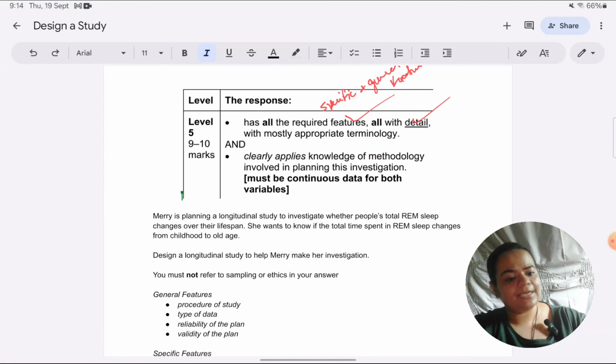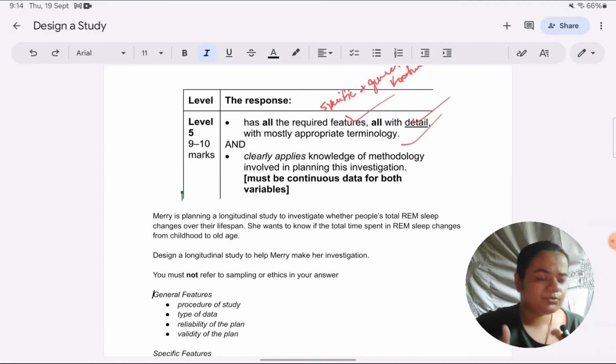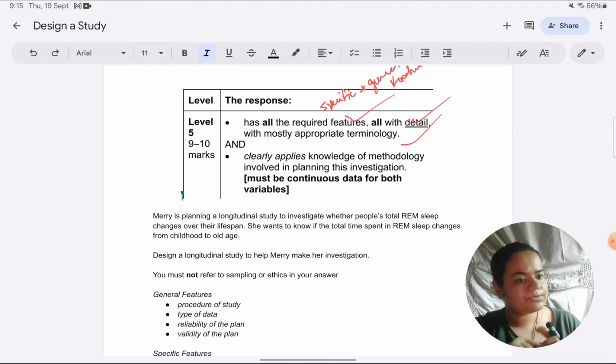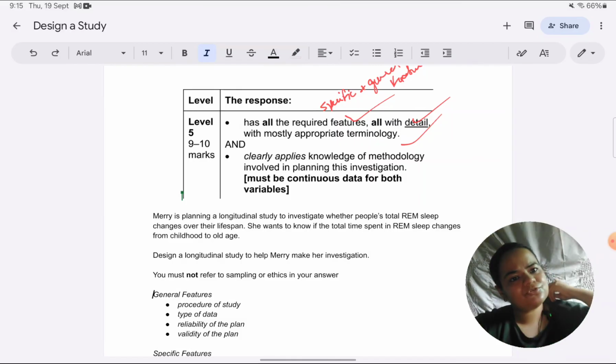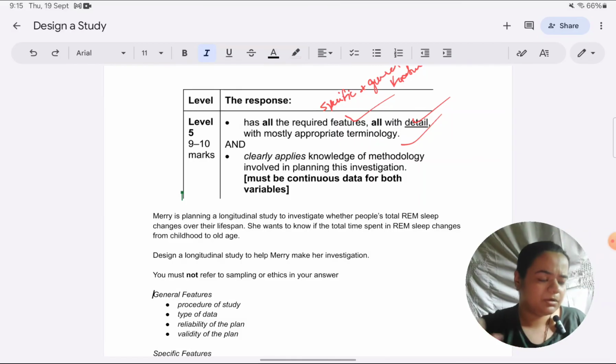Appropriate terminology has to be used. I have used appropriate terminology, as you've seen, where it's about recontacting. Like I said, you don't have to mention the word given in the feature. But if you're talking about recontacting and you need to specify, then make sure you're using the word recontacting there, instead of just saying she'll get in touch with participants or she will greet the participants or something. Also, when I have specified controls, I have mentioned, say, alcohol or coffee.